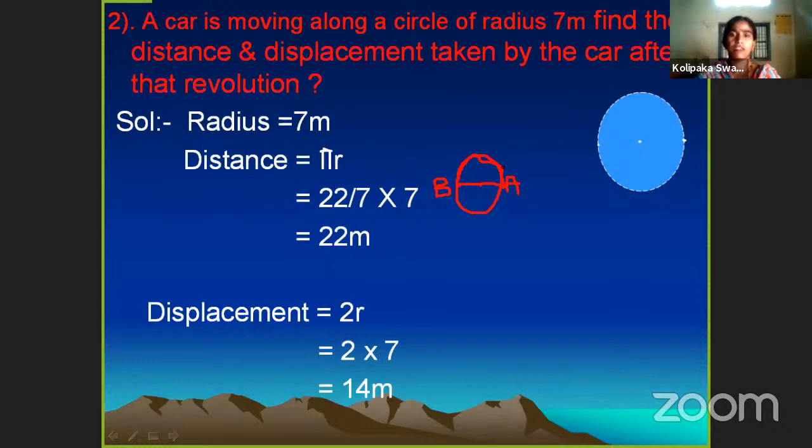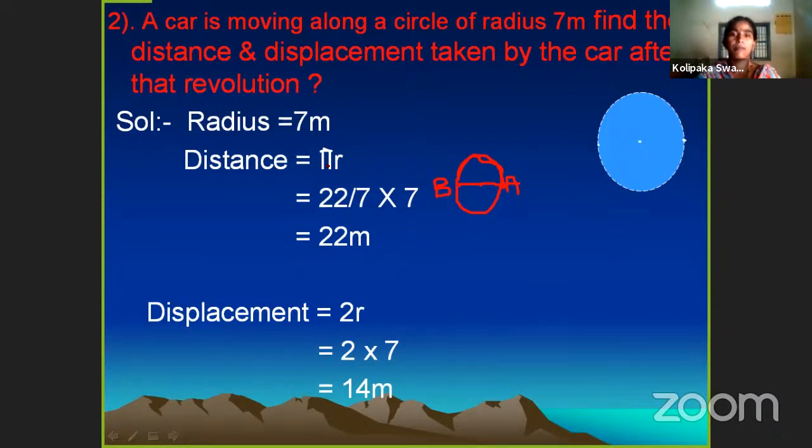Then what is the distance and displacement? Distance: the circumference of the circle is 2 pi r. This is half of the circle. The car moved half of the circle from A to B. So 2 pi r into half, we get pi r. Distance is equal to pi r, the total length covered by the object.